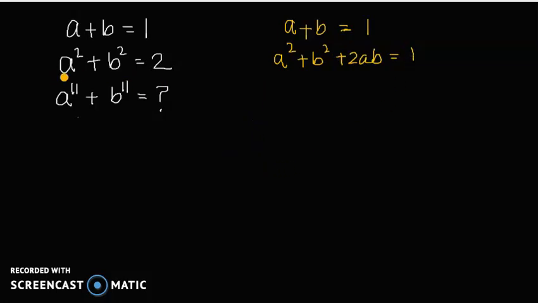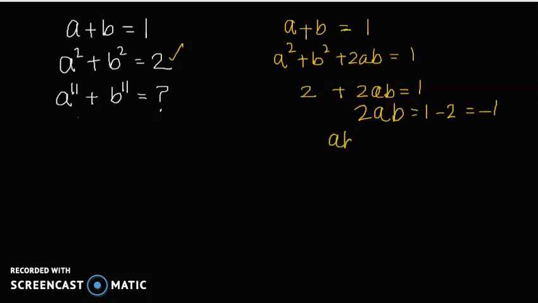Now from here you can see a square plus b square is 2, so we can write 2 plus 2ab equal to 1, and therefore 2ab equal to 1 minus 2, which is minus 1.